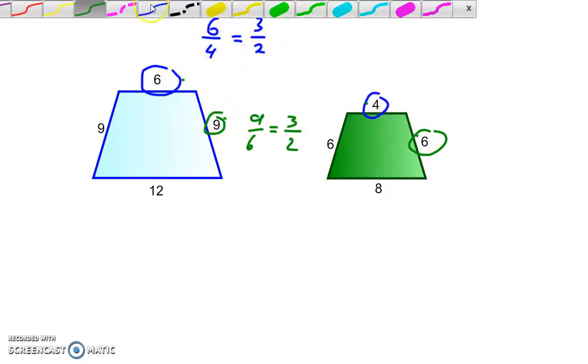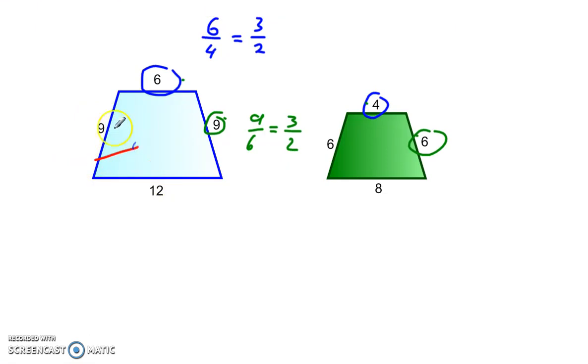Now, here's another interesting thing. If I take two sides within the shape, like 9 and 12, so I compare 9 to 12, that can be simplified by dividing both of them by 3, to 3 to 4. And now take corresponding sides over here, 6 and 8.